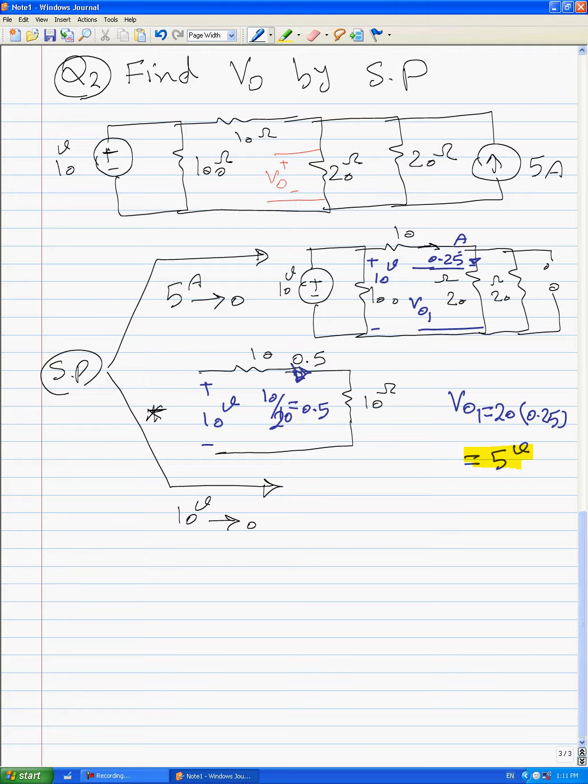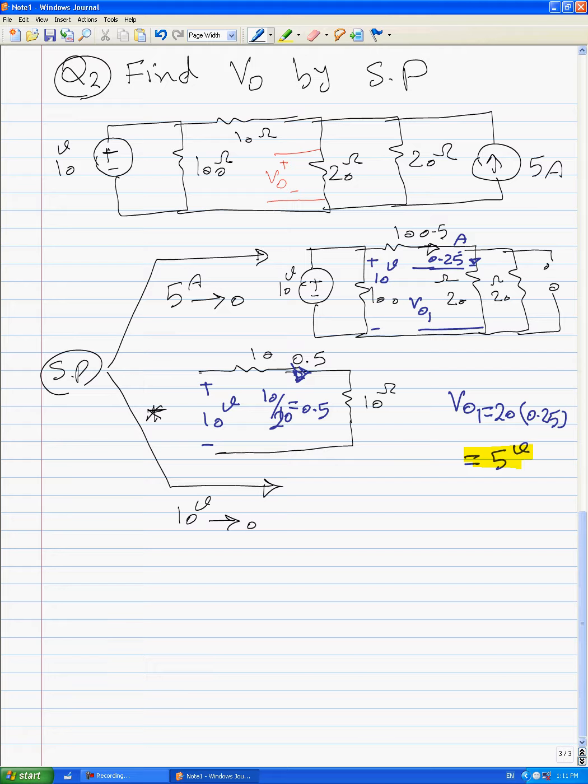And 0.5 amps here is divided between 2 20-ohm resistors, which are connected together in parallel. That's why the current in each 20 ohm should be 0.25 amps. And finally, we found Vout1 is equal to 5 volts.